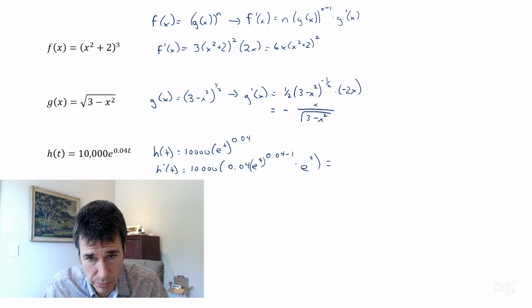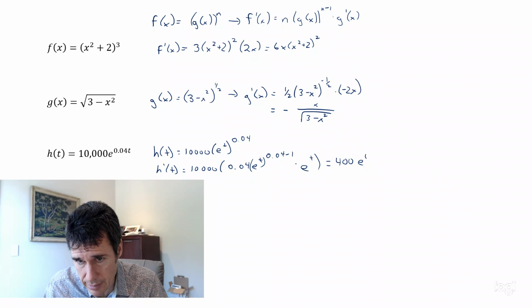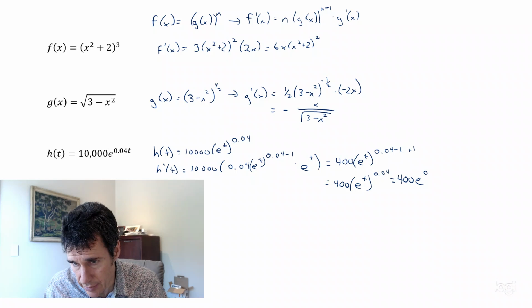And so that's going to be, let's see, multiply this out, 400 e to the t to the 0.04 minus 1 plus 1, which of course is 400 e to the t to the power 0.04, which is 400 e to the 0.04 t.